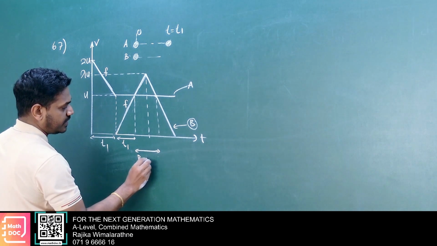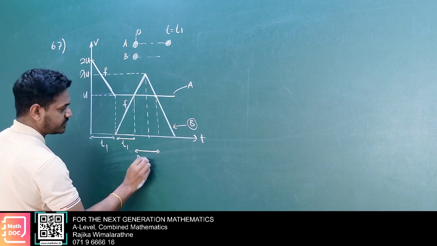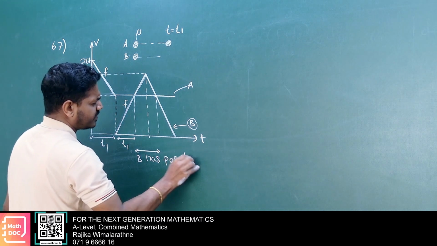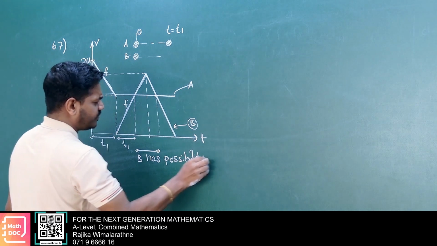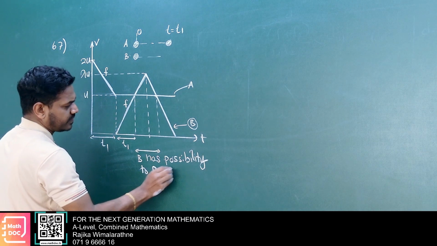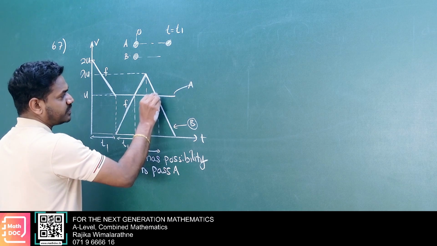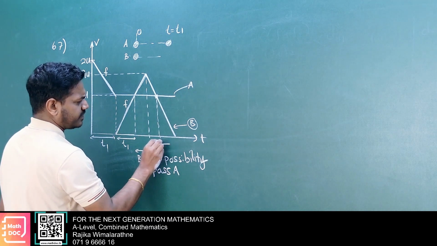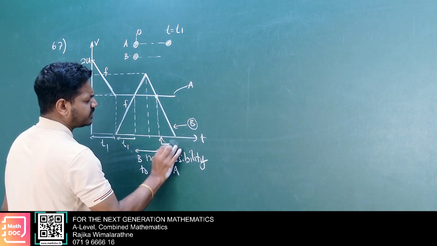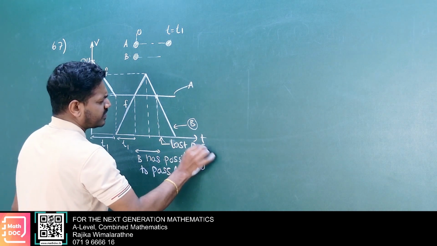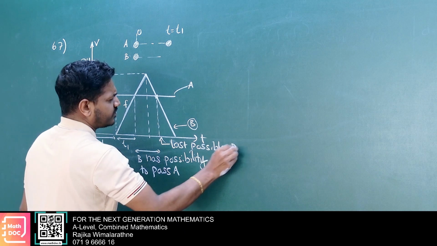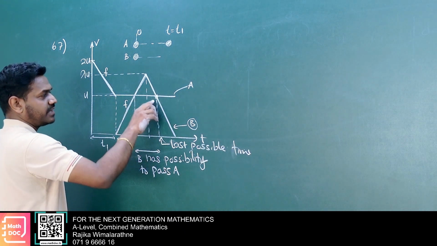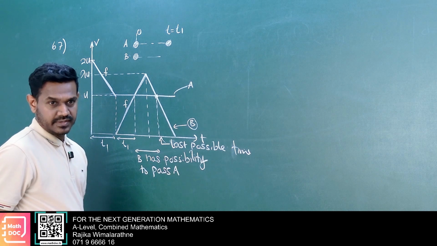B has a possibility to pass A. But here is the last possible time, thereafter you can't pass again.